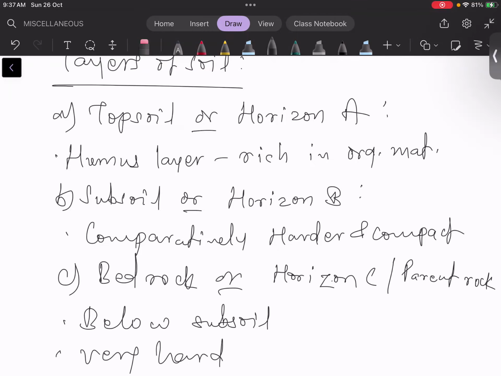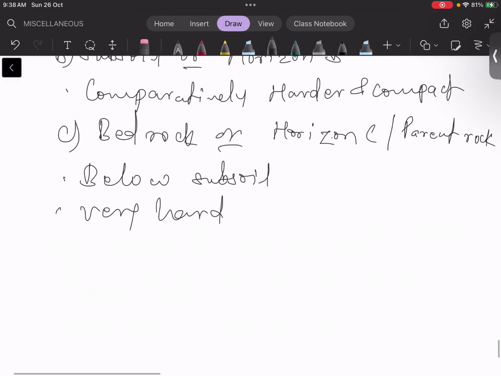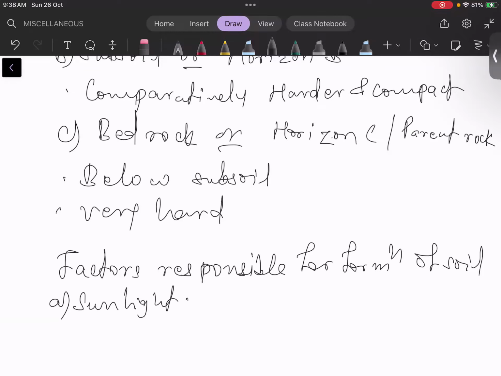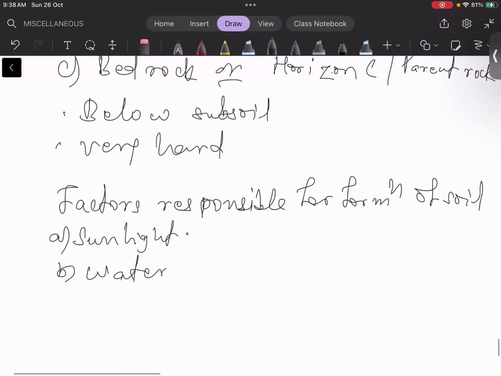Now, factors responsible for formation of soil. First, sun's heat, sunlight. Due to sunlight, cracks get developed in the rocks. Then second, water. Water also leads to the formation of cracks.